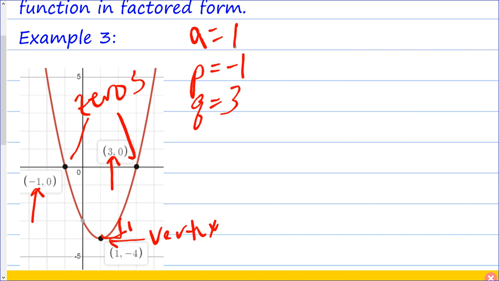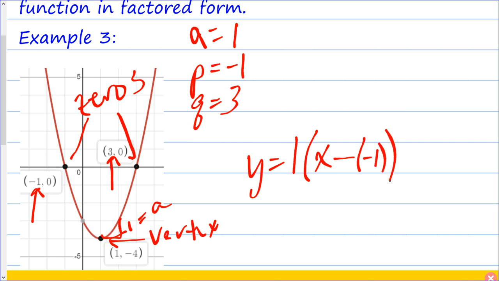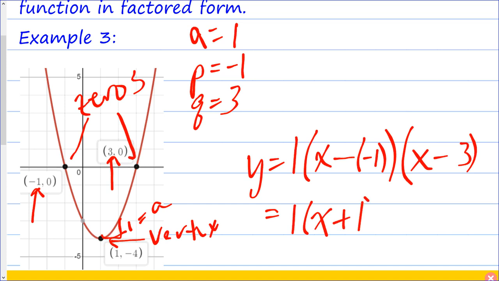So this is how I find my A. So to write my equation, it's going to be A times X minus P. So minus, I'm going to write it and then I'll simplify it, a negative 1 and X minus Q. So it's going to be 1 times X plus 1 times X minus 3.